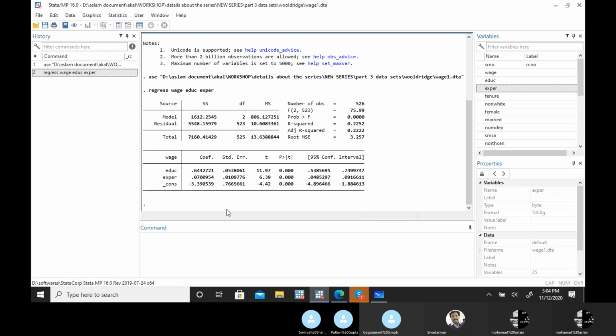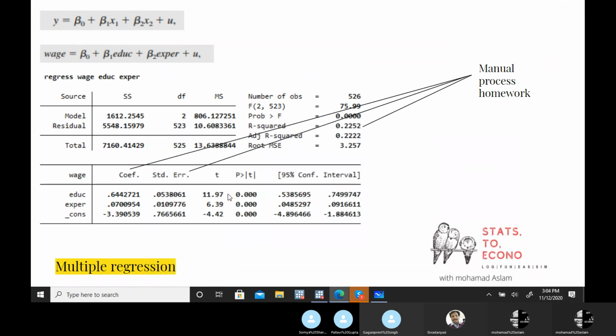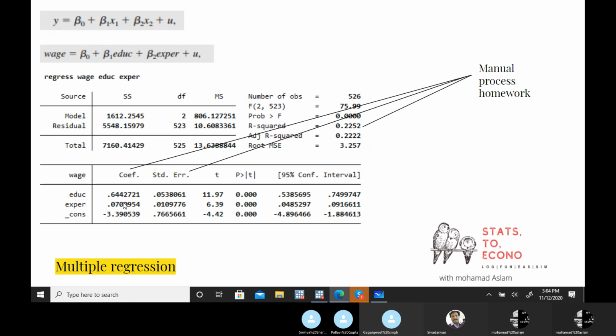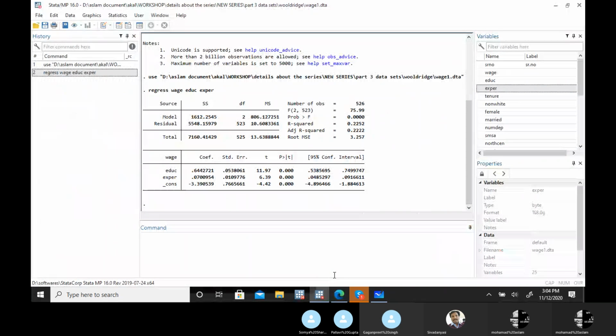Now we have more than one independent variable, so it's a case of multiple regression. These are the coefficients; Stata is providing these partial slope coefficients. First you have to look at how this data set looks.